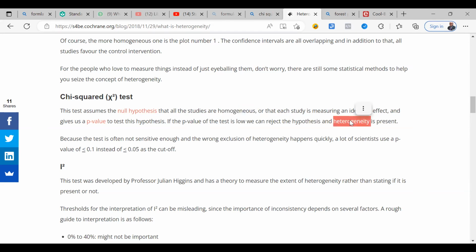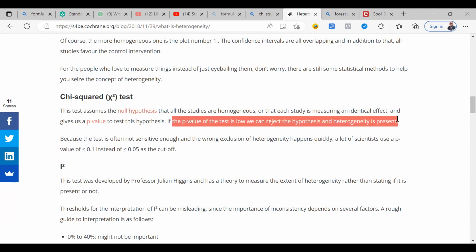So make sure you are writing the correct thing. If the p-value of the chi-square test of heterogeneity is low, it means there is heterogeneity, not homogeneity. Is that clear?